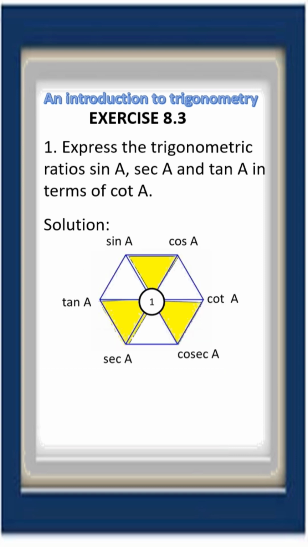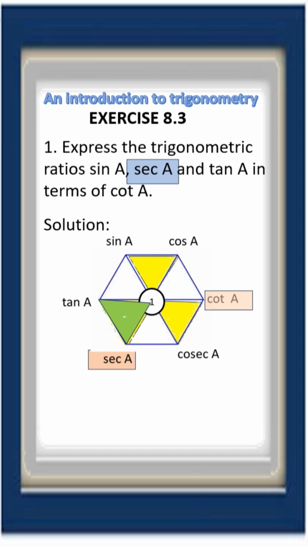Now let us express secant A in terms of cot A. Where is secant A? This one is secant A, this one is cot A. There is no direct relationship between secant A and cot A. But we can express cot A in terms of tan A. Why? Tan A, secant A and 1 form a triangle, isn't it? Now let us start from the top left, that is tan.